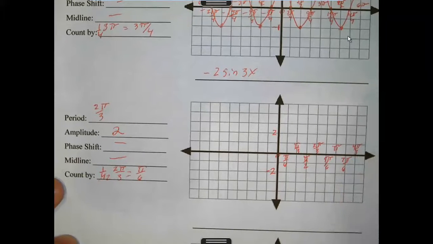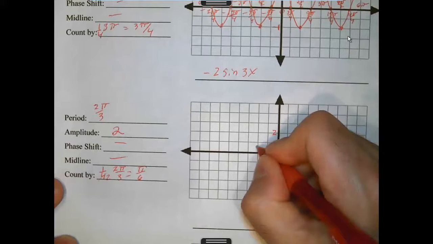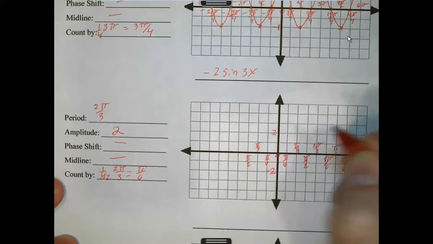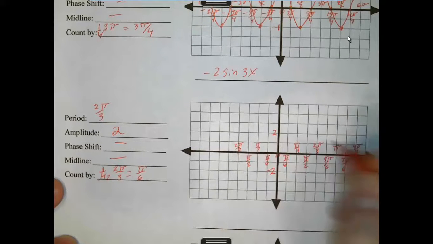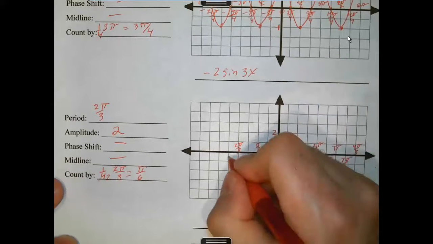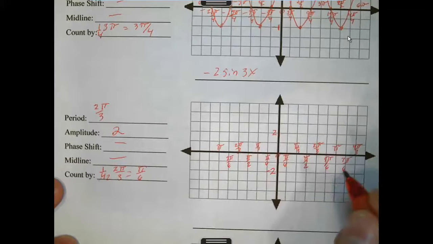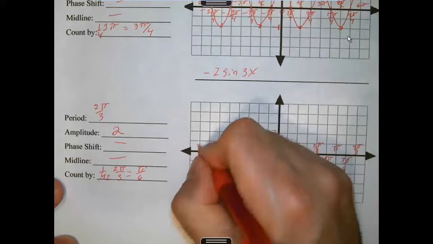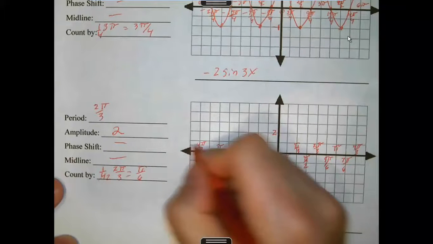Okay, I have all my positive numbers. Now I just make my negative numbers. Just copy them down. Make my numbers negative.